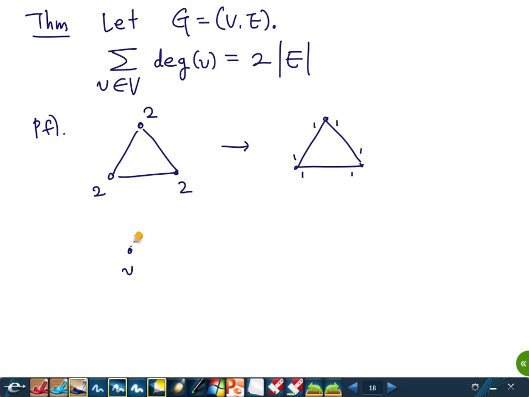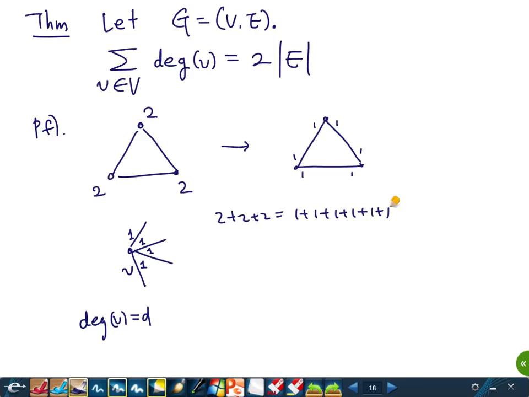So if the degree of a vertex V is D, then let's put 1s for each end of an edge connected to V. I'm going to distribute the degrees like this. Then the sum of degrees will be the sum of the numbers here. I just redistribute these numbers. The 2 plus 2 plus 2 is, of course, 1 plus 1 plus 1 plus 1 plus 1 plus 1.